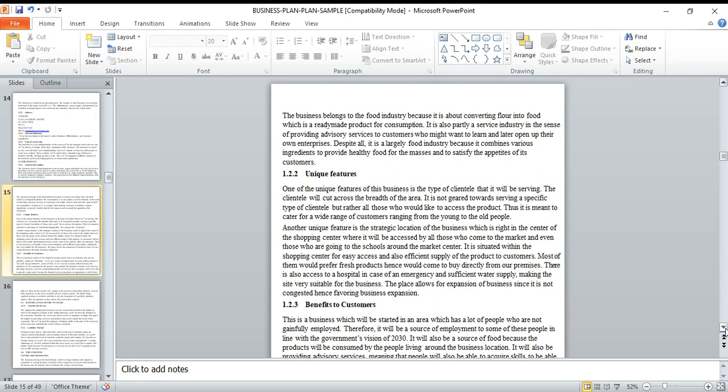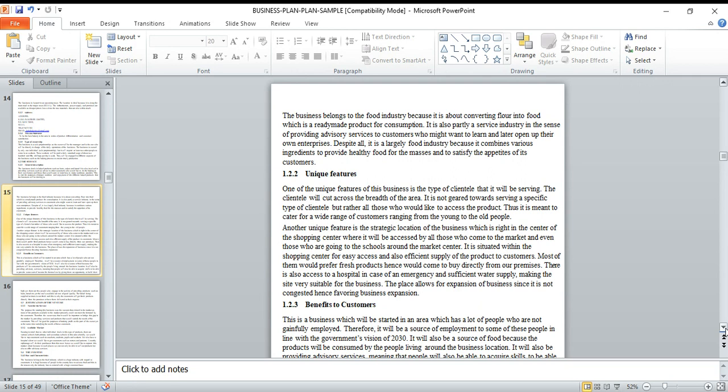It is also partly a service industry in the sense of providing advisory, that is consultant services, to customers who might want to learn and later open up their own enterprises. Despite all, it is largely food industry because it combines various ingredients to provide healthy food for the masses and to satisfy the appetite of its customers.